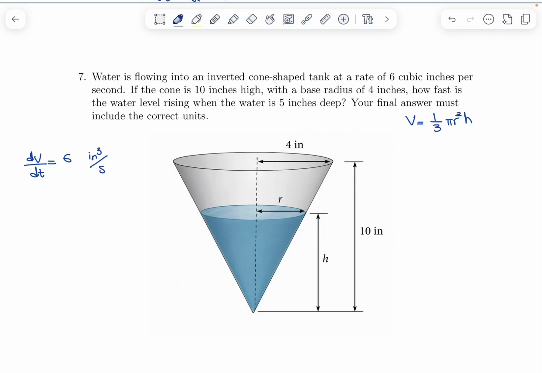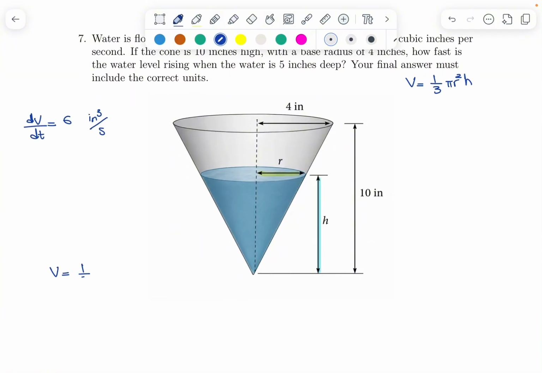We have a picture for this question, but from this picture, we consider h as the height of the water and r as the radius of the surface of the water. We know the volume of the water in the cone would be 1/3 pi r squared h.